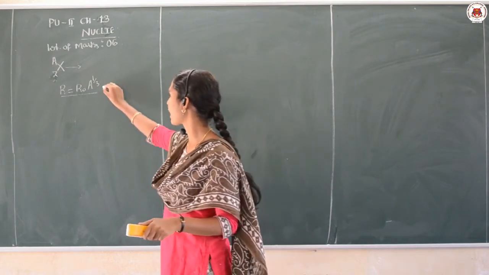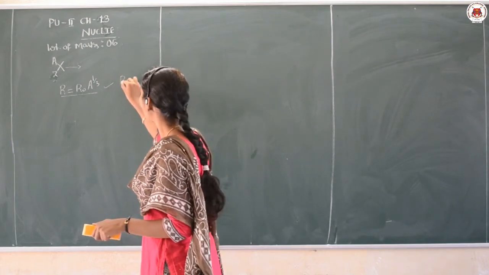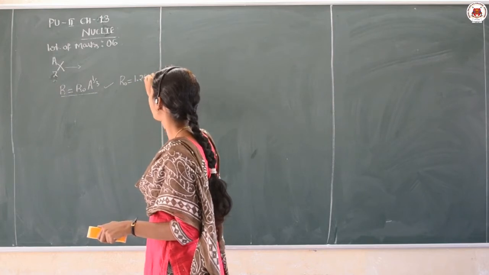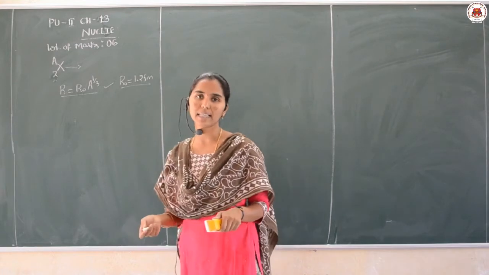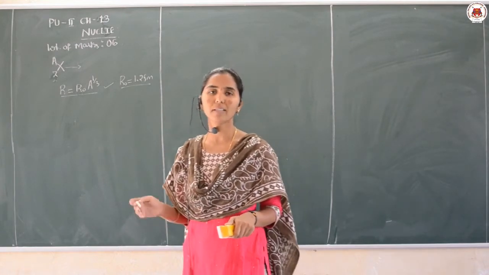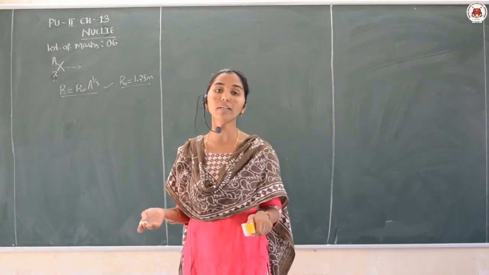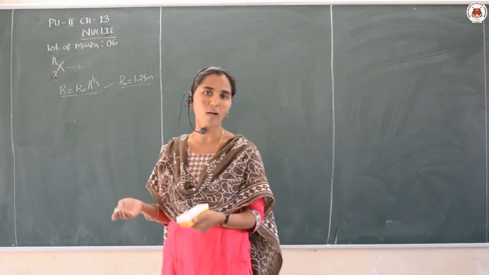So by this we can calculate the R value. Then here R naught has a value of 1.2 to 1.3 Fermi, so it is a constant. Then nuclear density: nuclear density for almost all the nuclei is taken as constant.